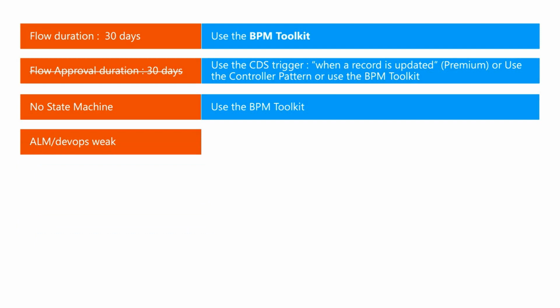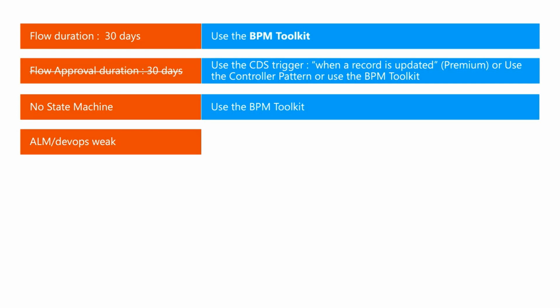The application lifecycle management and DevOps story in the Power Platform is still quite weak. So deploying code or applications from dev to test to UAT to production is still not very efficient. Even though things get better, especially recently, Microsoft introduced the concept of data source in environment variable.